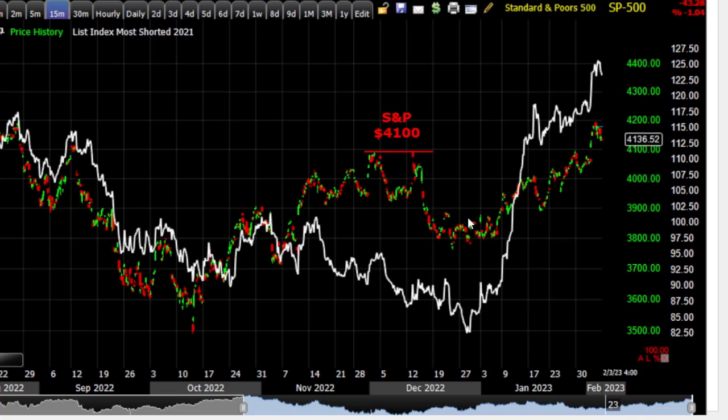So those were the short squeeze fodder, and why, in the last several videos, and if you're a subscriber you read my posts every night, I've said I think there's still a lot more room on the upside for more short squeeze activity. All the new shorts that jumped in here were still in the green, or just not in the red, up until Thursday when the S&P broke out above 4,100. So, short squeeze there.